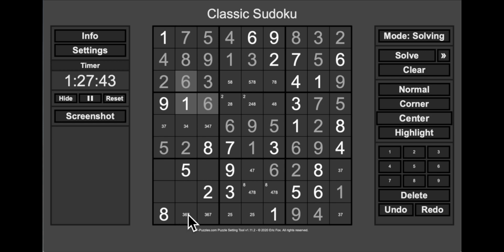These 6s both rule out 6 from here, but I cannot have 3 different 3-7 pairs looking in the same box. Yeah. This situation is not possible.